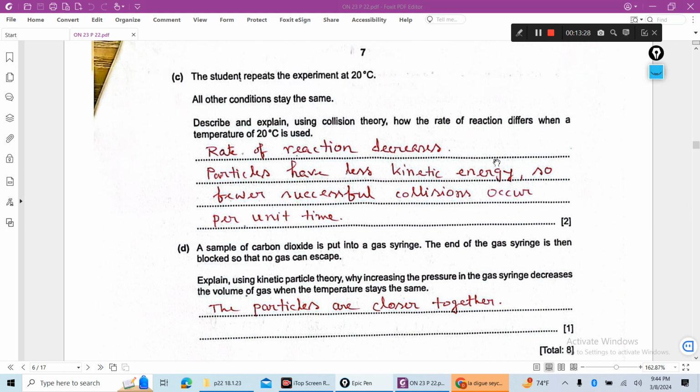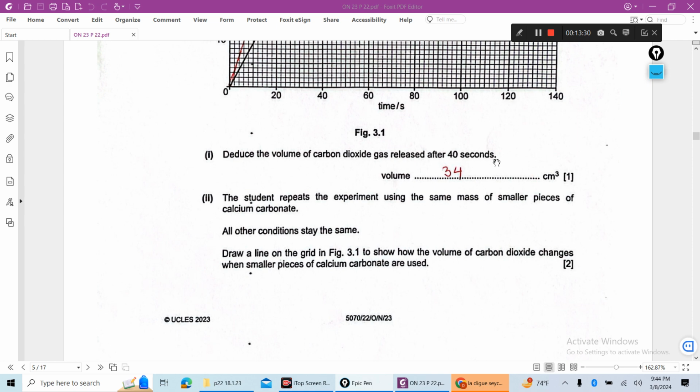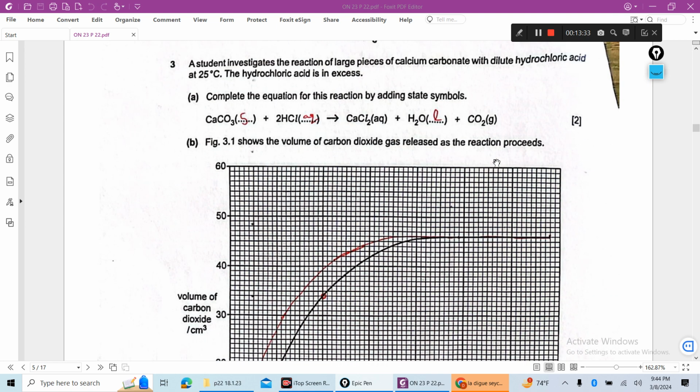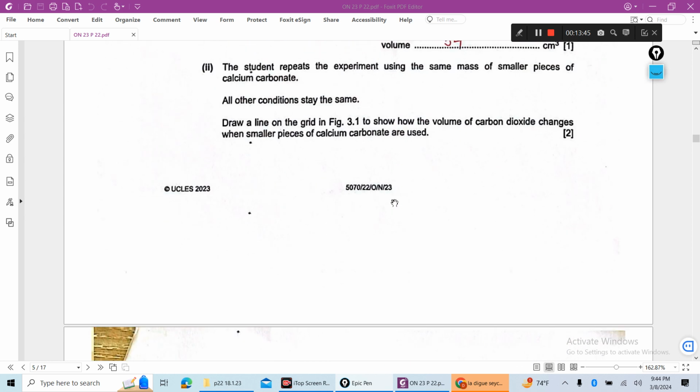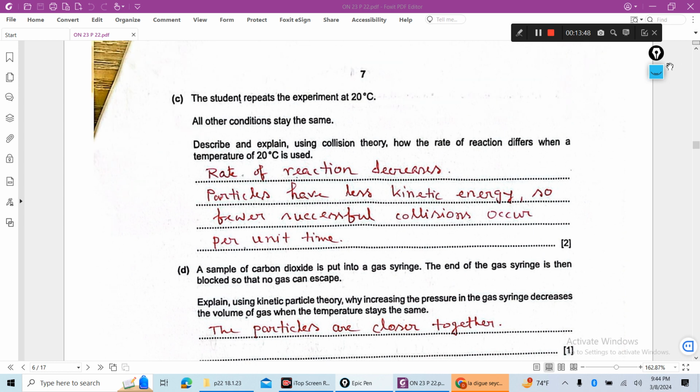You see, the previous temperature was 25 degrees centigrade, now it is 20, a decrease in temperature. With decreasing temperature, the rate of reaction will decrease. So your answer will be: the rate of reaction decreases as 20 degrees centigrade is less than 25 degrees centigrade.